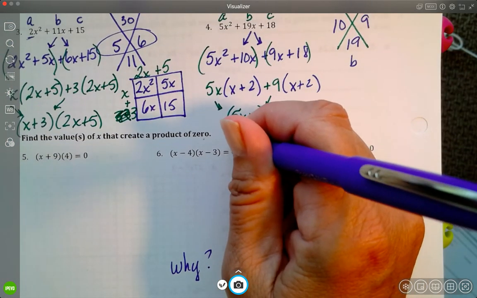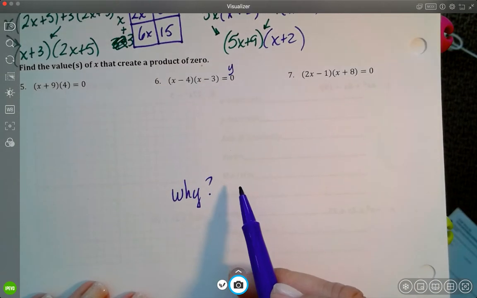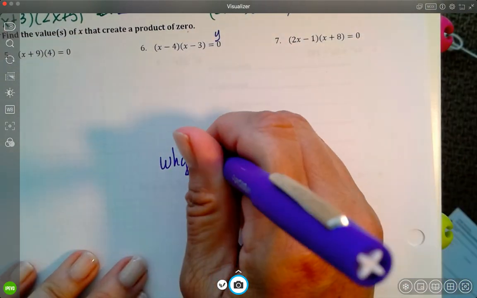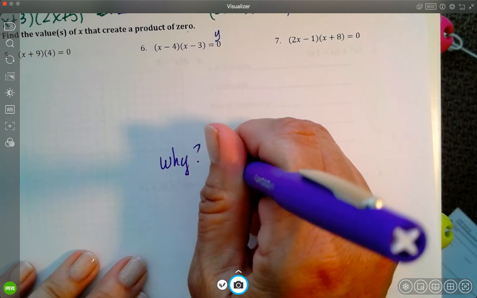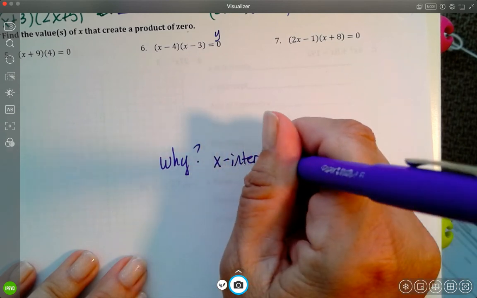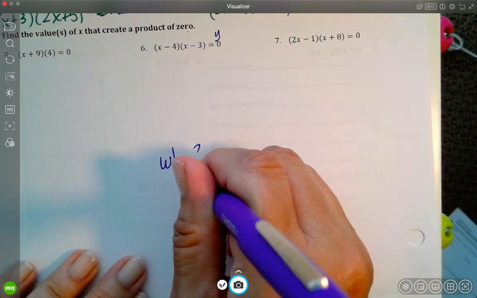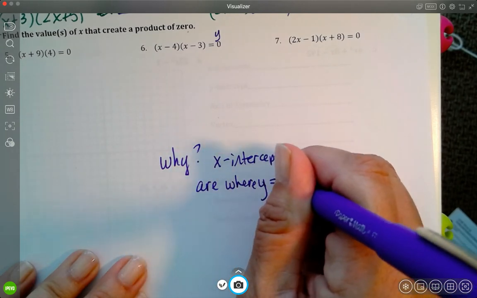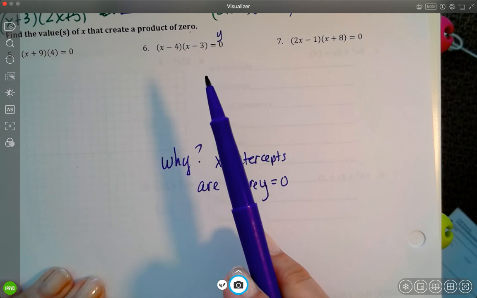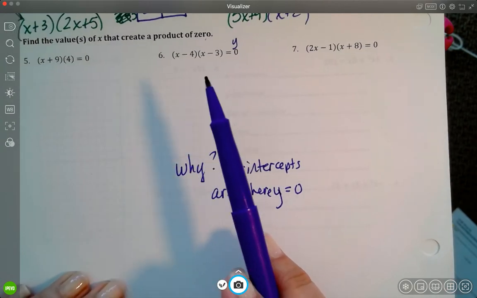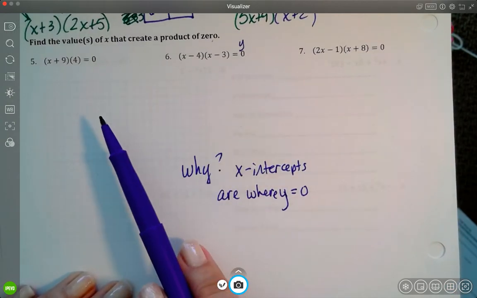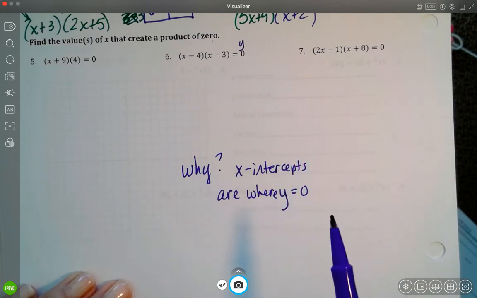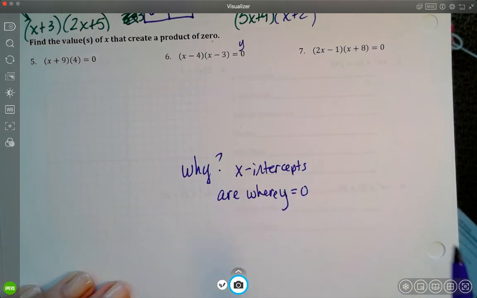What happens when y is 0 is that's where the x-intercepts are. So x-intercepts are where y equals 0. If you can figure out what would cause these factored forms to equal 0, then you know what your x-intercepts are. So that's a good thing.